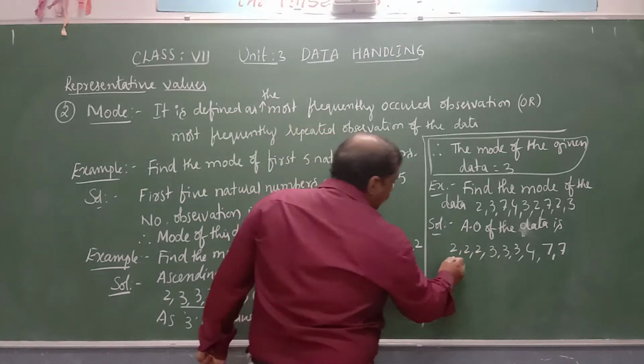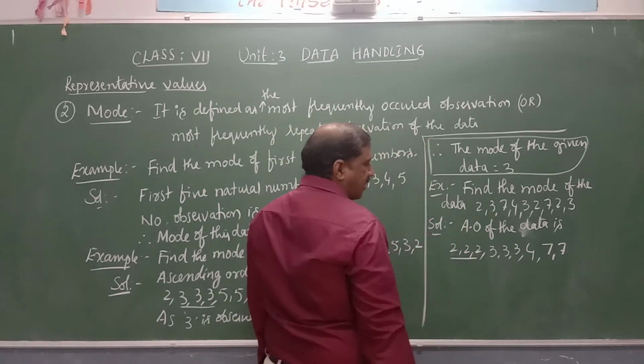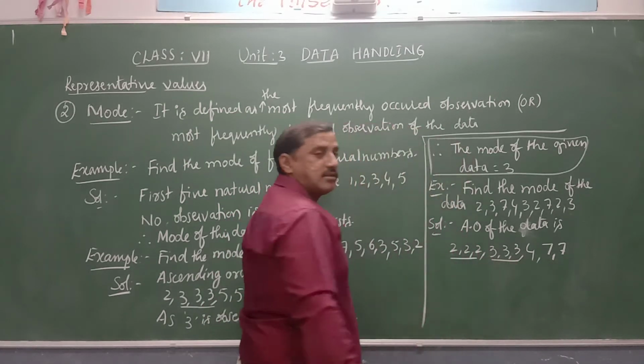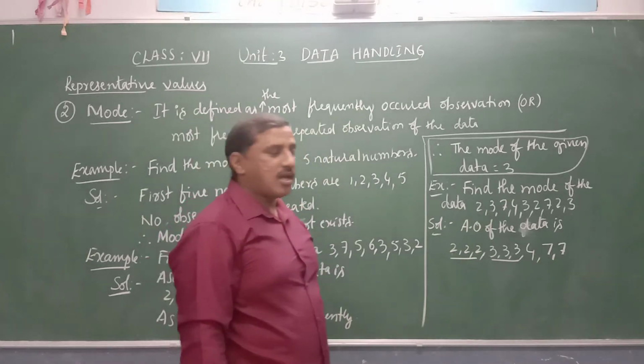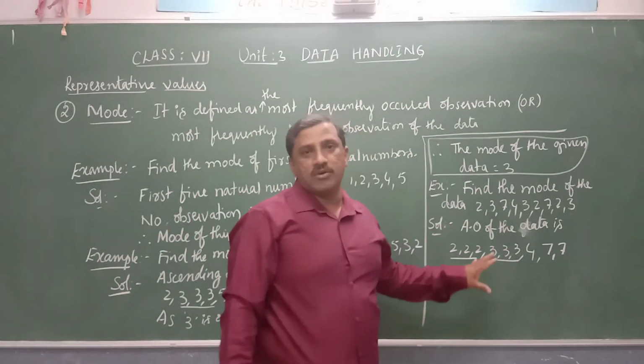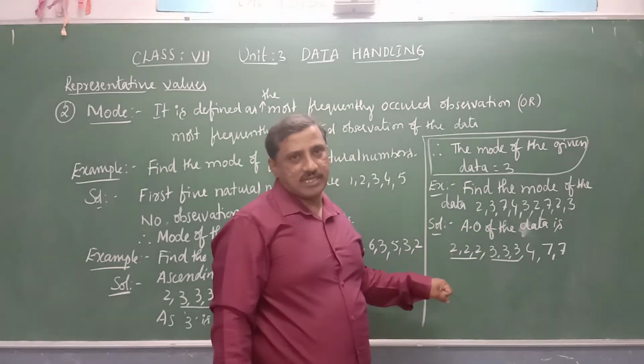Now observe, 2 is repeated 3 times. 3 is also repeated 3 times. Therefore, which is the mode? Here 2 and 3 are most frequently observed observations.